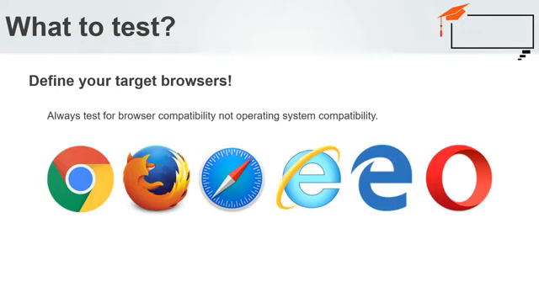Okay, so let's jump right in with the question on what do you really need to test. In an ideal world, you would define your target browsers even before you write the first line of code, and before you do any design with the customer, because it's much easier to develop for a browser than to extend the website to support a browser after the fact.